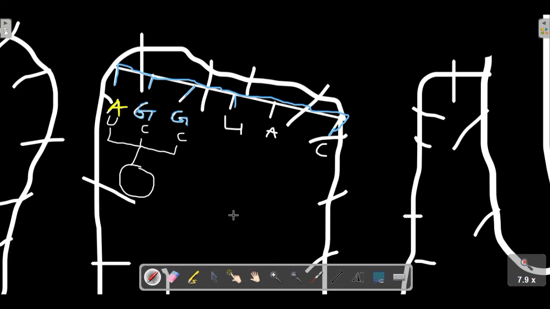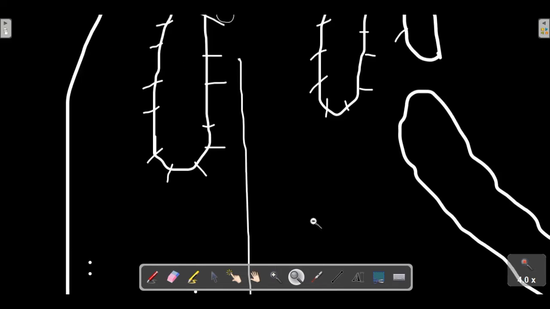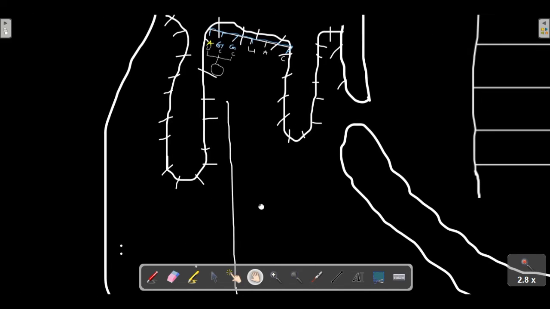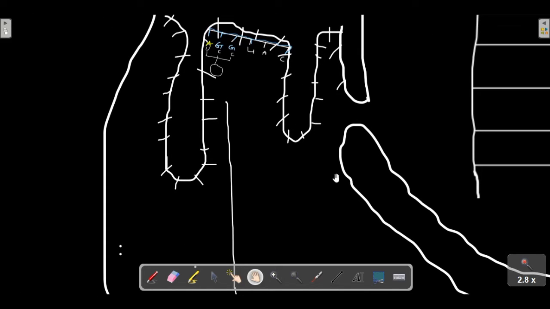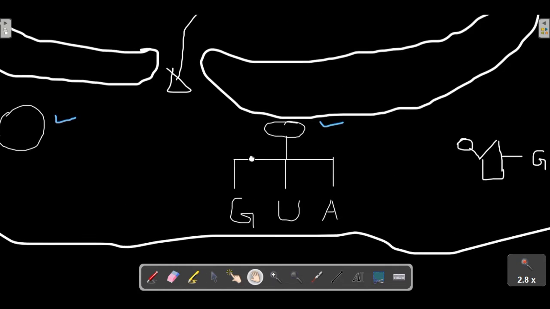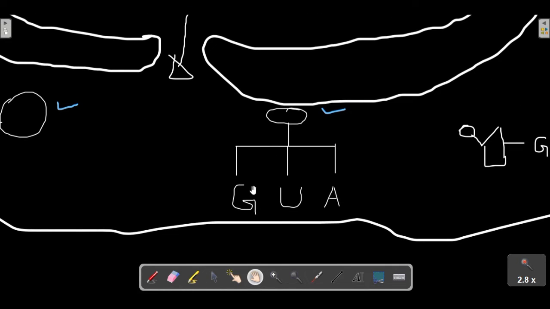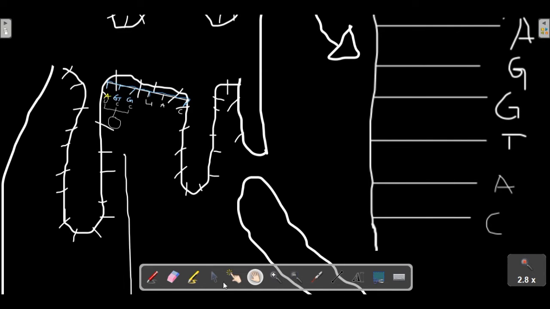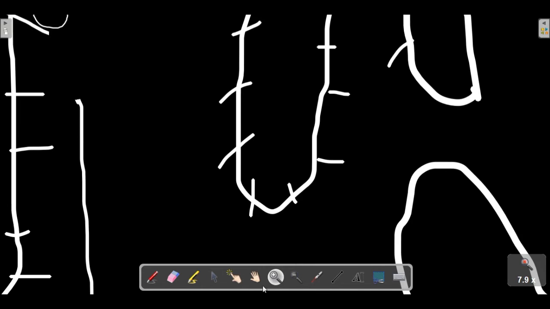And then let's look for another tRNA so that it matches with this codon. This is UAC, so it should be AUG. So it should actually move in that direction, and it moves and attaches in the proper way.